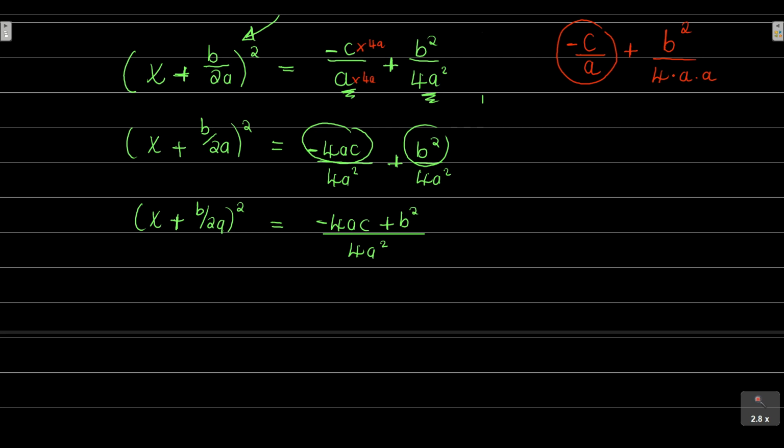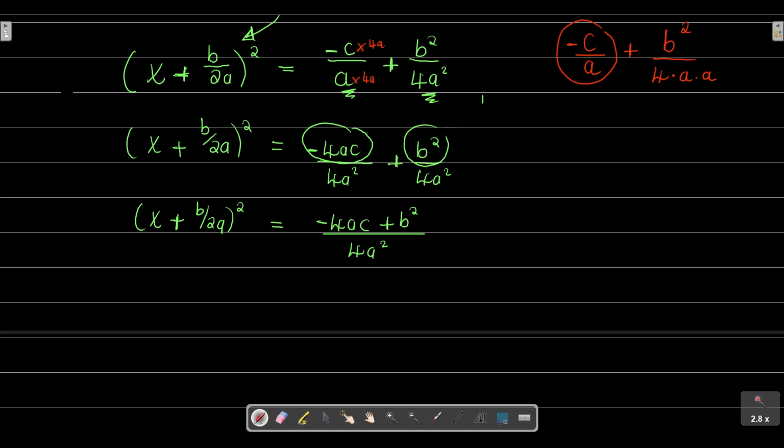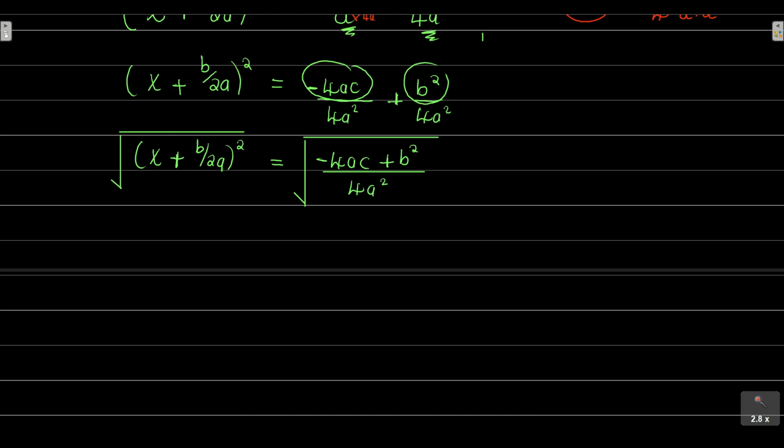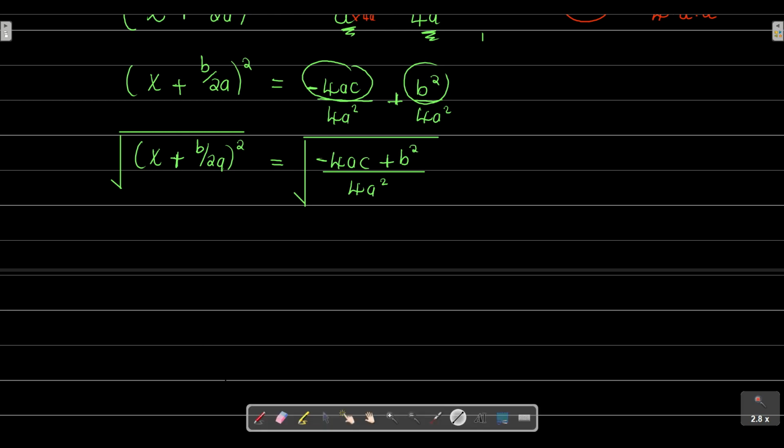From here, we square rooted both the left-hand side and the right-hand side. Remember, guys, we are trying to solve for x. We want to have our final answer as x is equal to something. If you square root your left-hand side, what do you have now?